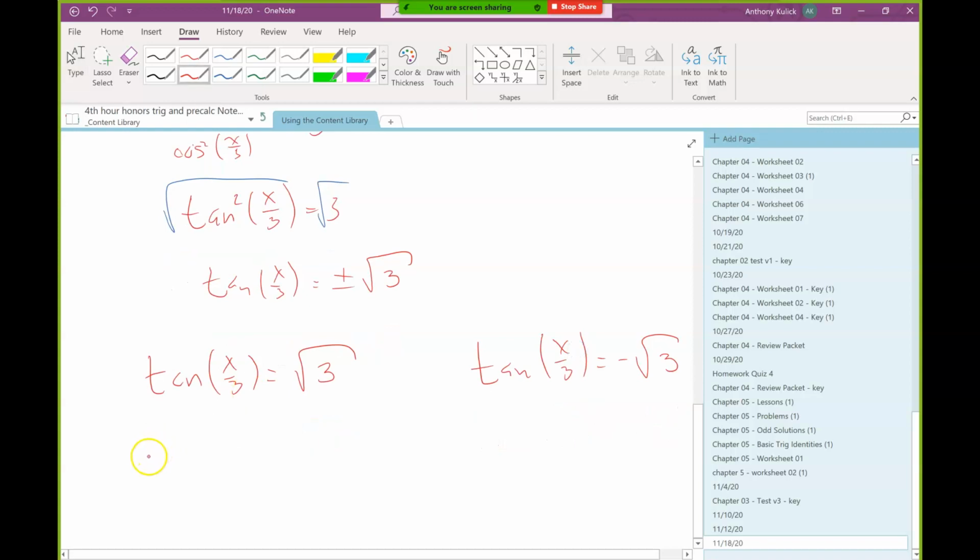And then we'll do the tangent inverse. And remember that tangent is y over x.